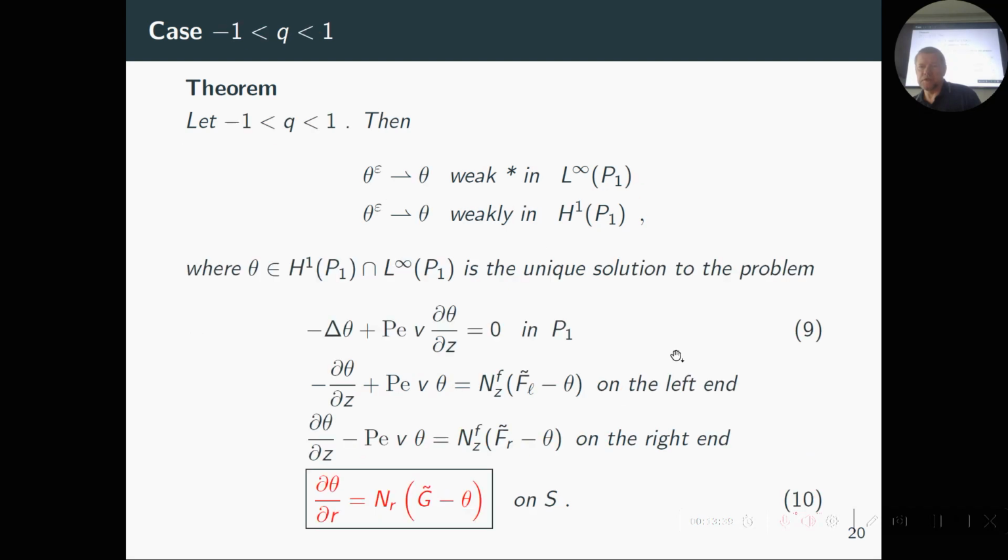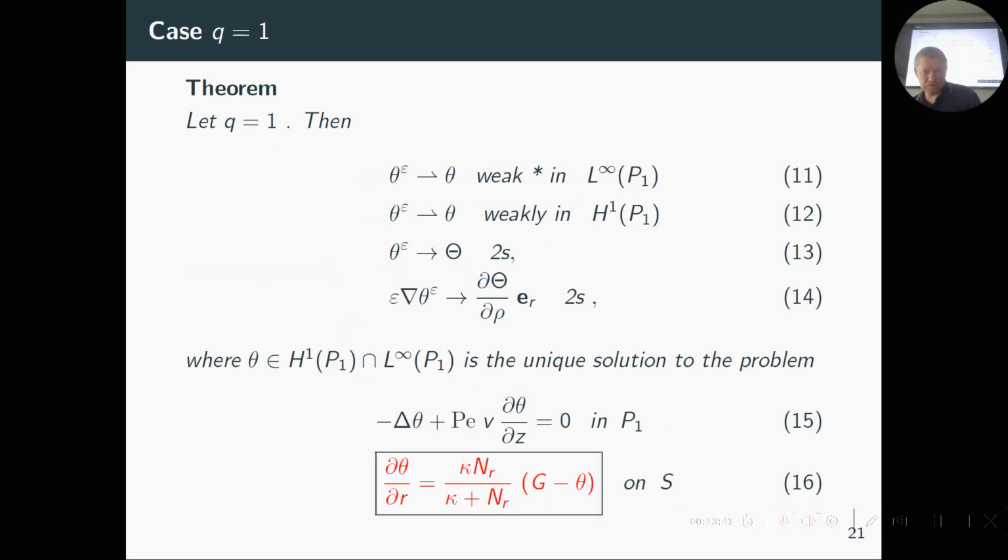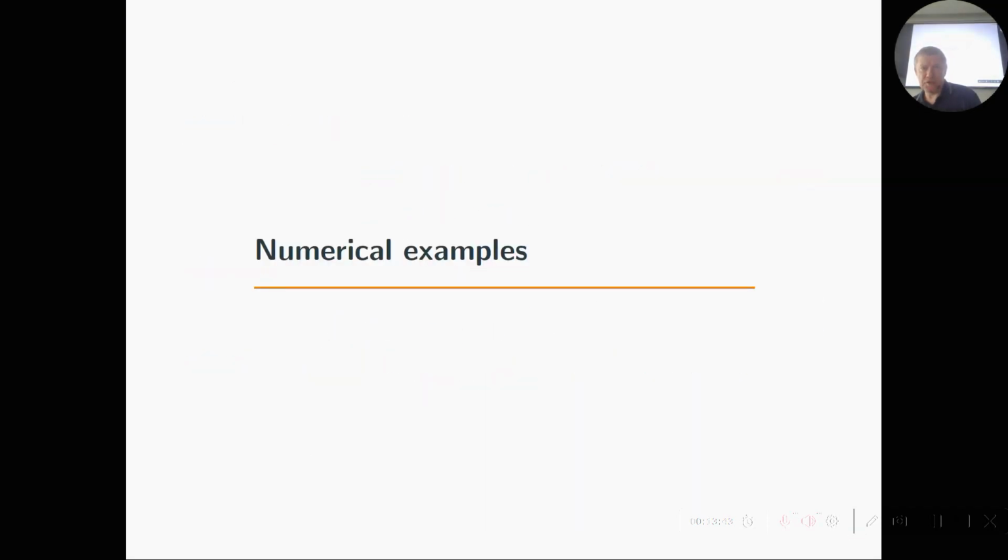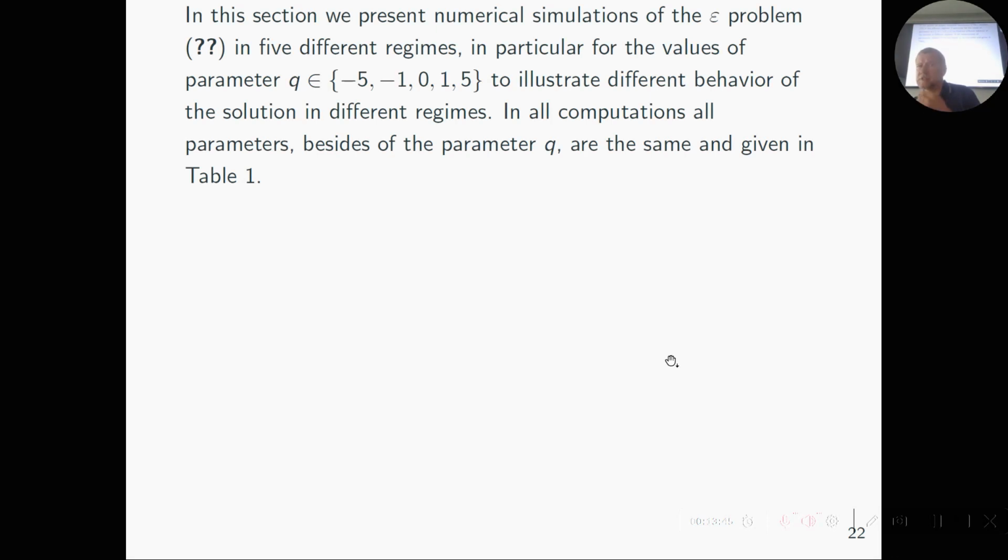Now, let me just skip to the numerical examples, since the previous part is for mathematicians. Just to make you see what's really going on by doing some simulations, we picked Q in 5 different regimes. Q equal to -5 meaning it's a very conductive pipe, and -1 meaning that the two processes are of the same order.